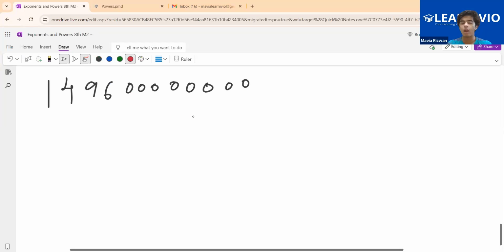Now see, how did I read it? 1496 and zeros. This was actually not a very professional way of reading it. Every time you need to count the zeros, and after you count them, you put commas and find this is millions, this is billions, this is trillions. That is very much work.